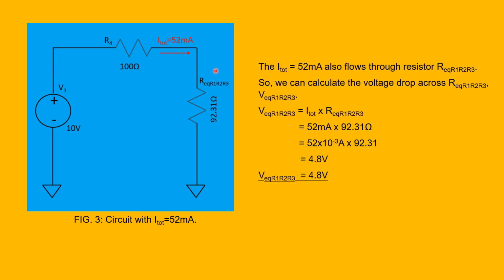So we can calculate the voltage drop across this resistor, which we will call V equivalent R1, R2, R3. So we can say V equivalent R1, R2, R3 equals the total current times R equivalent R1, R2, R3, which is 52 milliamp times 92.31 ohms, which is 4.8 volts.